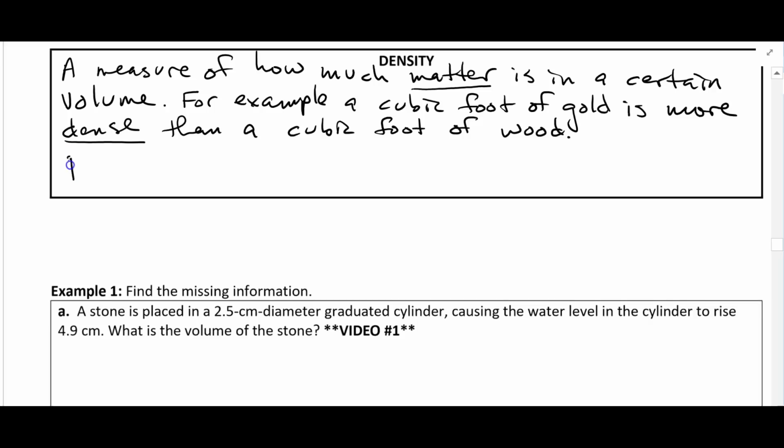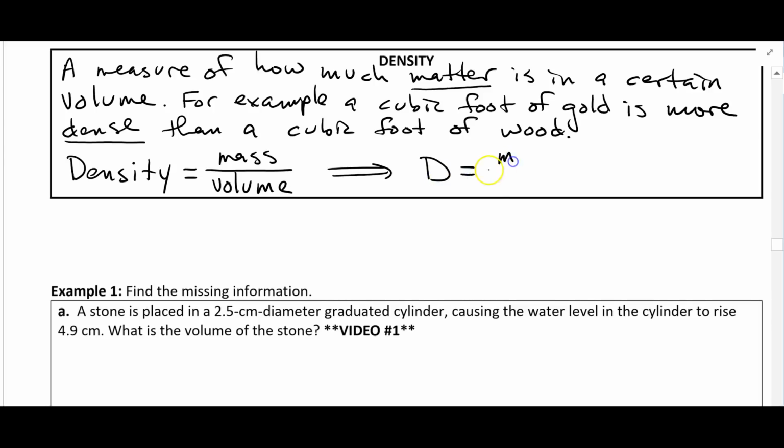And then to calculate density, density is calculated by taking the mass or the weight of the object divided by the volume that you have of it. Most of the time I'll just write this as D is equal to M over V. And then just remember what those letters stand for. So that's our definition of density.